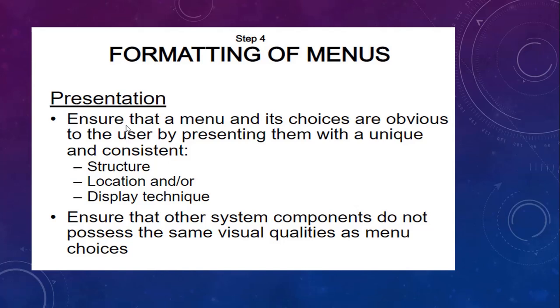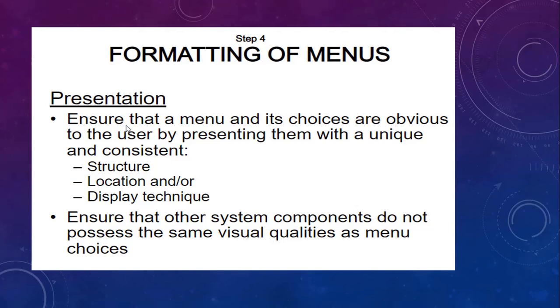And the next point is how you can show the menu on the screen. You can enclose it in a box. Usually we represent the menu in a kind of box.